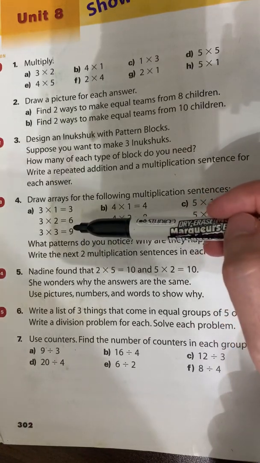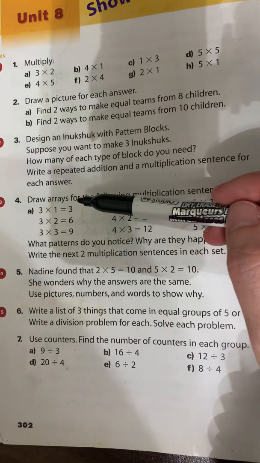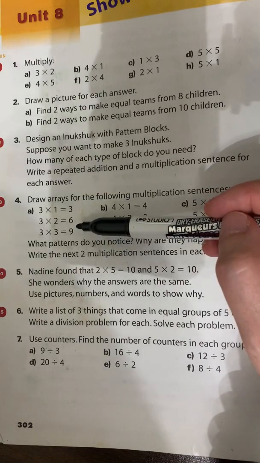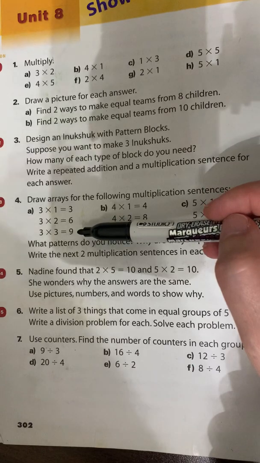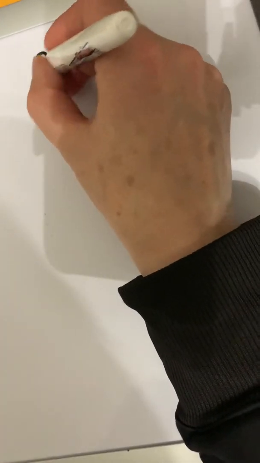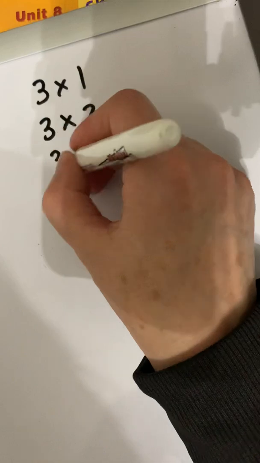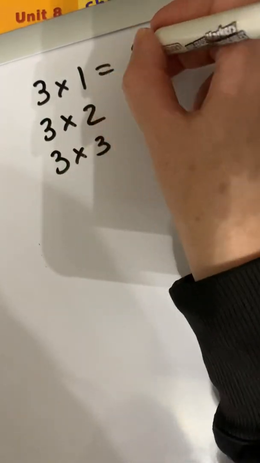One of the best ways you could do that is to actually draw using your graph paper in your coiled book. So I'll have to erase the board again. They had 3 times 1, they had 3 times 2, and they had 3 times 3. And they showed you the answers.